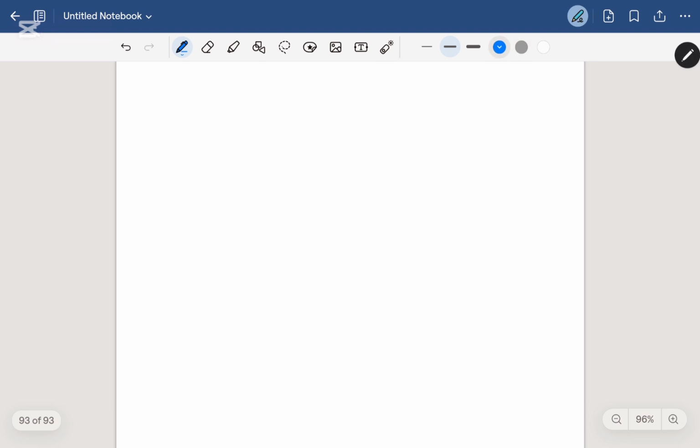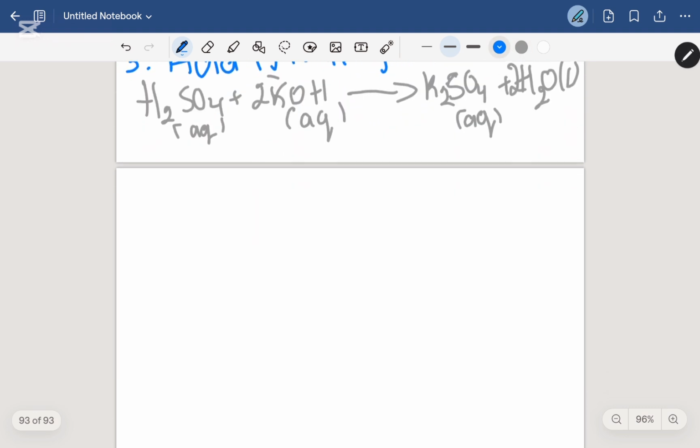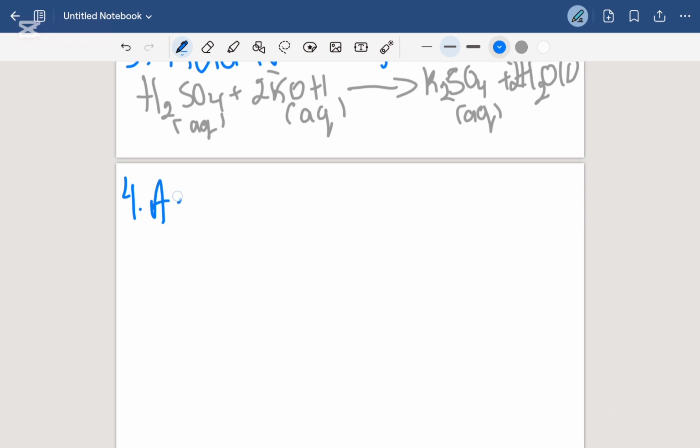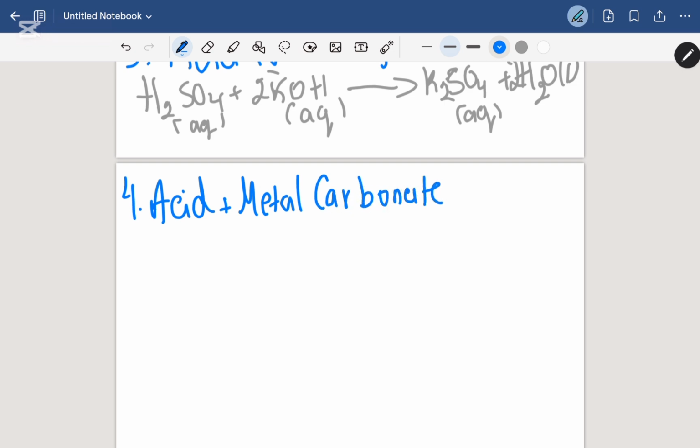Next thing we have is an acid. So we finished number 3, now we move on to number 4. We have an acid, okay, plus a metal carbonate. Acid plus metal carbonate is gonna give us salt plus water plus carbon dioxide gas.